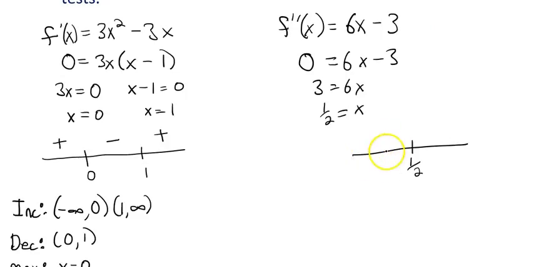So I'm going to pick like 0. 0 is always easy. So 6 times 0 minus 3 would be negative. And then if I picked 1, 6 times 1 minus 3 would be positive. What does that tell me about my original?